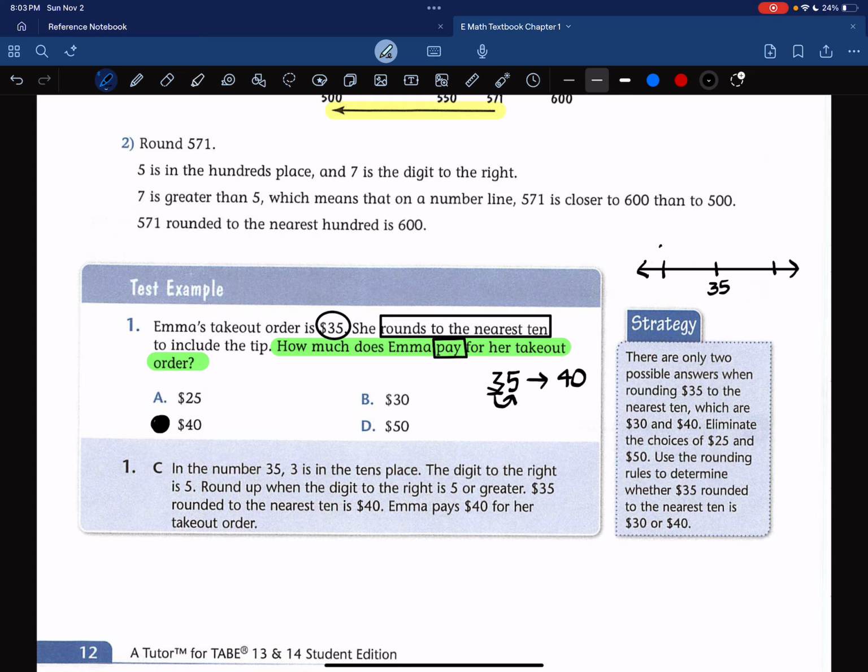So the low end of that range would be 30 and the high end would be 40. So we know it's not 25 or 50 because those are not in that range we're looking at. That's a good tip. You can eliminate 25 and 50 and then use the rounding rule to determine whether 35 rounded to the nearest 10 is 30 or 40. Always eliminate answers you know are incorrect. That is a very good strategy right there.